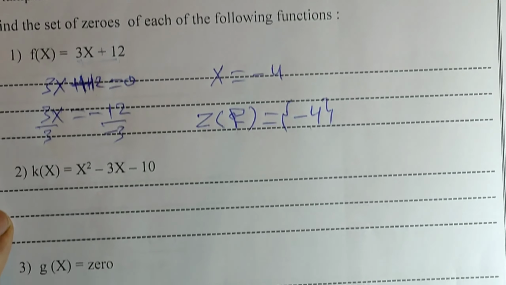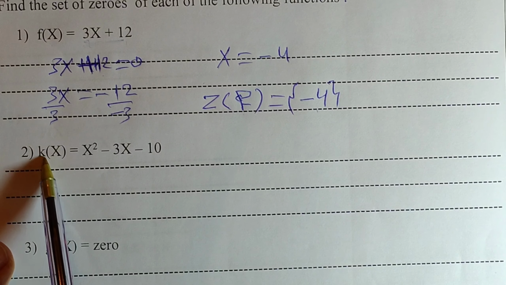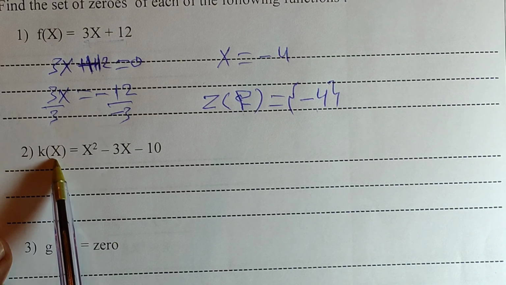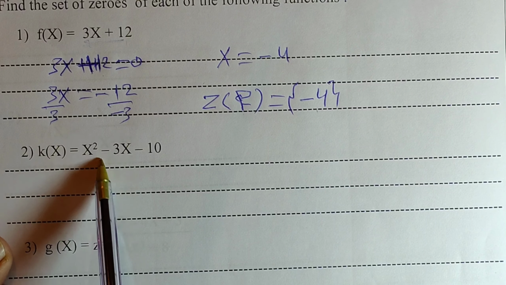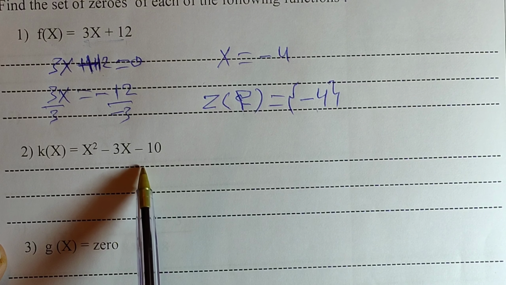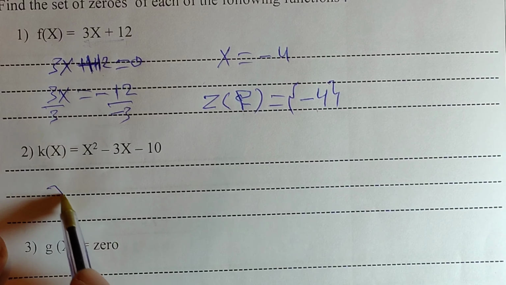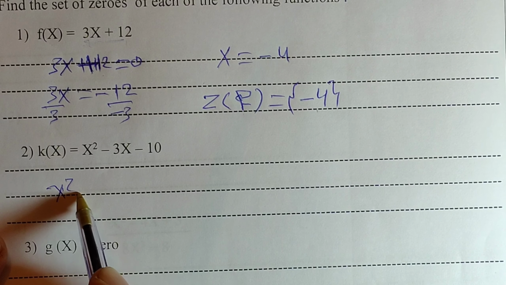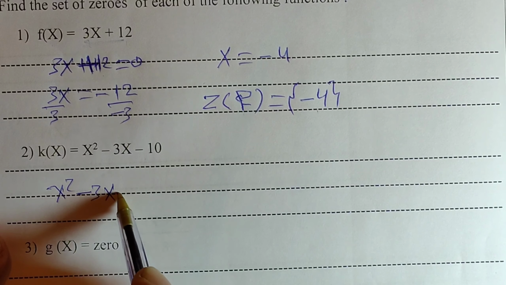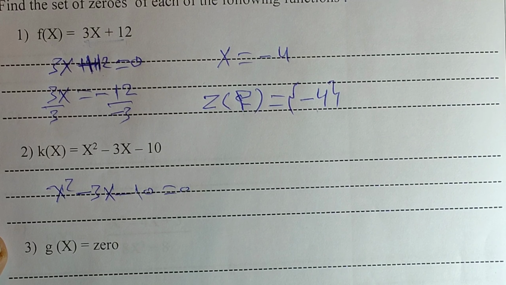Another example, here we have the function k, which is k of x equal x power 2 minus 3x minus 10. How can we get the set of zeros of this function? To get the set of zeros of this function, we have to write x power 2 minus 3x minus 10 equal 0.